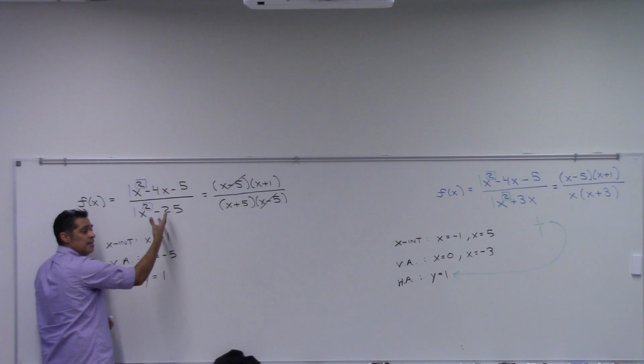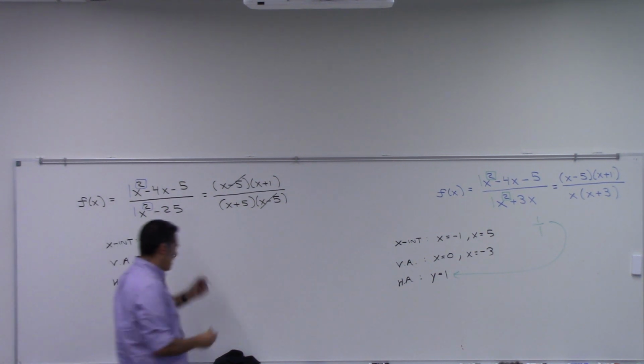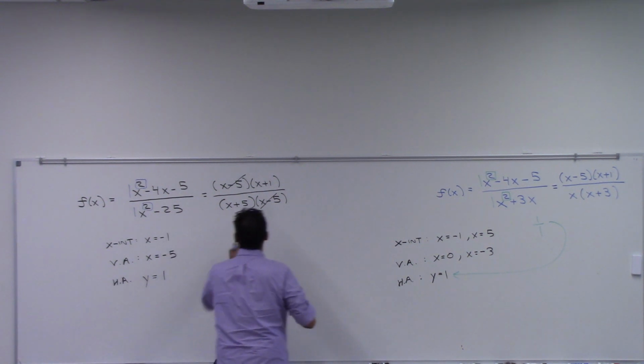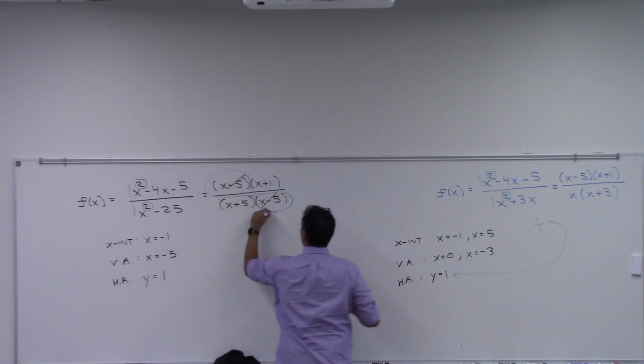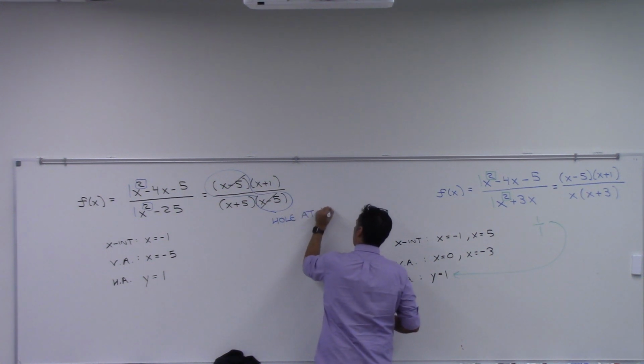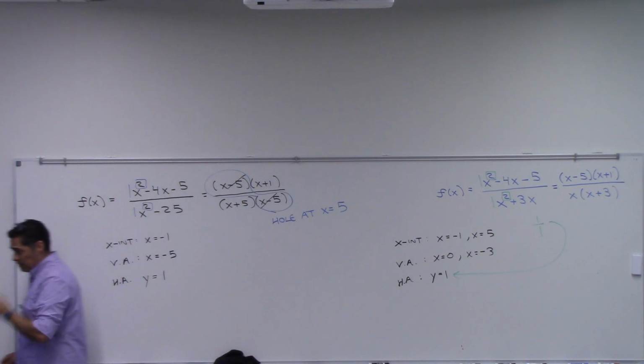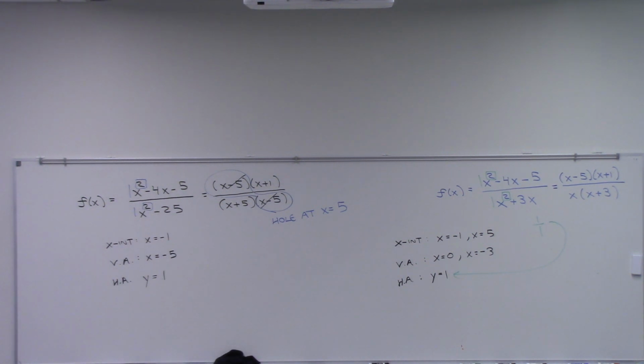And it's undefined then. So you can never plug 5 into this function. So this canceling of these factors means I have a hole at x equals 5. So that's why holes don't look like vertical asymptotes.